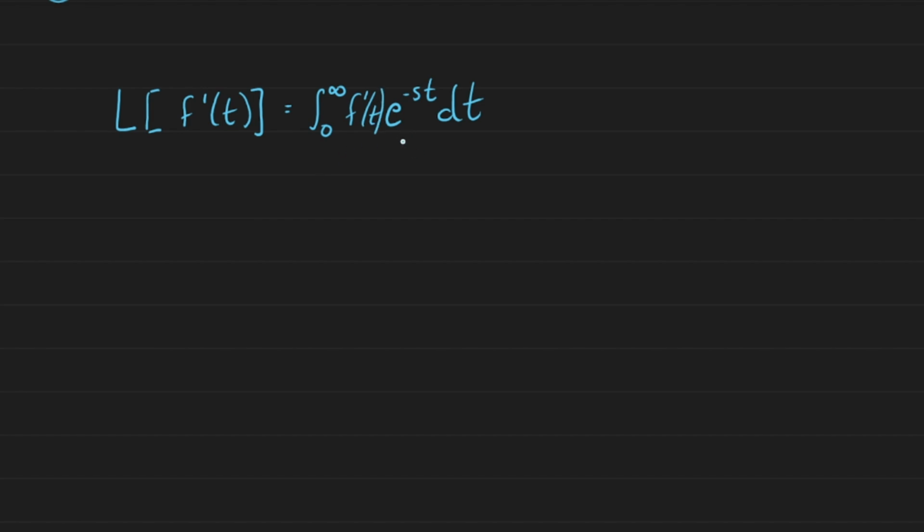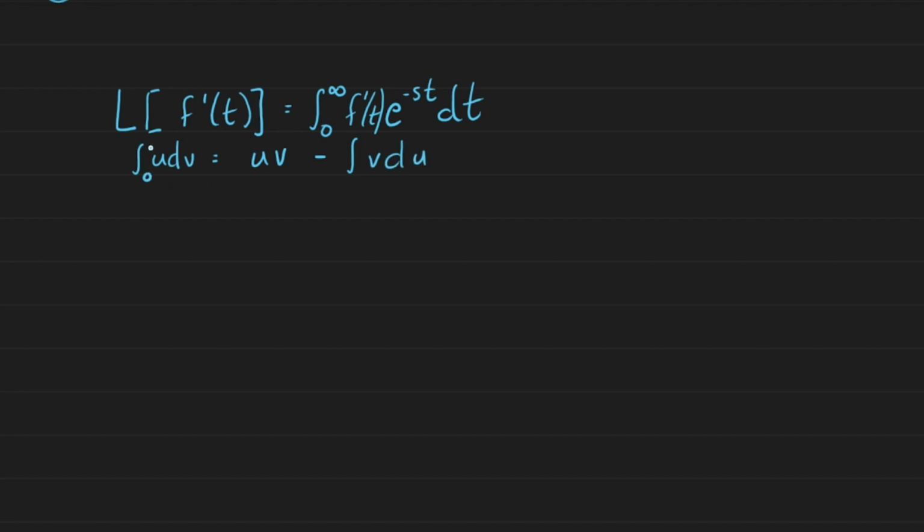We essentially integrate this, and we have to integrate it using integration by parts. If we just remember the general formula for integration by parts, we have the integral of u dv is equal to uv minus the integral of v du.